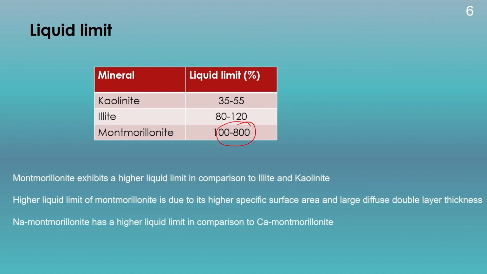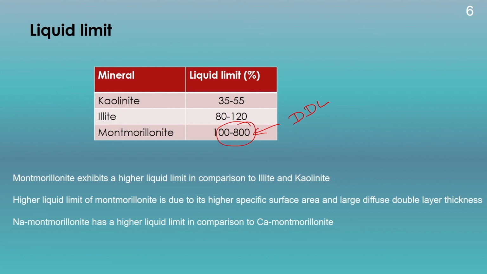The higher the diffuse double layer water, the higher the liquid limit. Since montmorillonite is controlled by the diffuse double layer thickness, the liquid limit of montmorillonite will also be controlled by the diffuse double layer thickness and the factors controlling it.